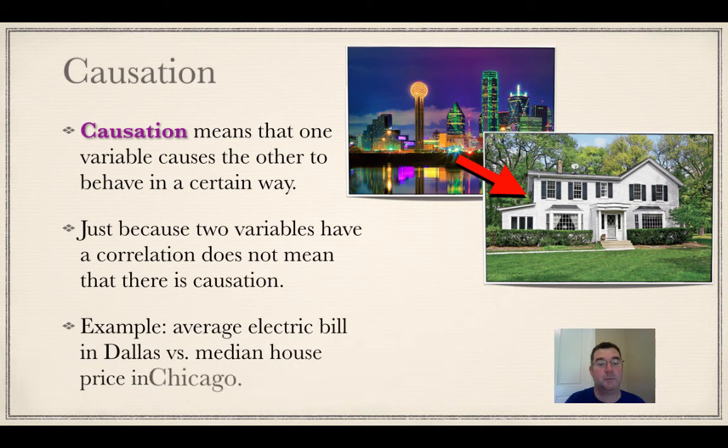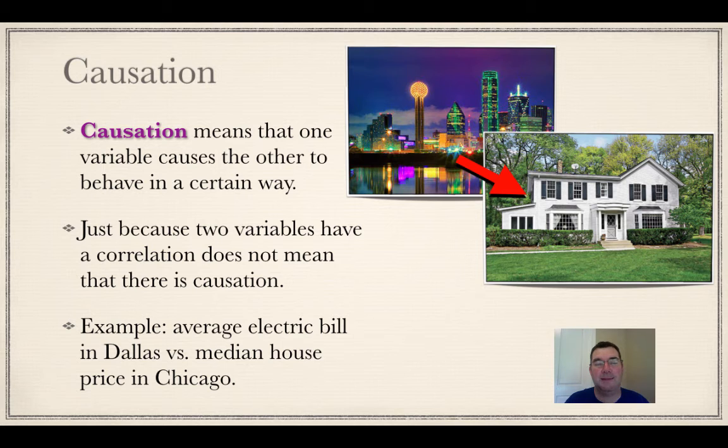All right. So, for example, if I measured the average electric bill in Dallas and I measured the median house price in Chicago, or something like that, over days or months or years, if I noticed that there was a relationship between those, if there was a positive relationship, as one of them increased, the other one increased, or as one decreased, the other decreased, and maybe it was linear and maybe it wasn't.